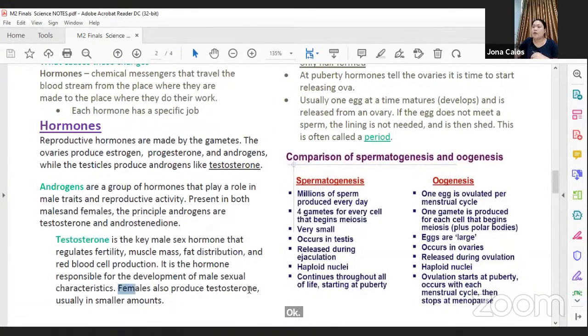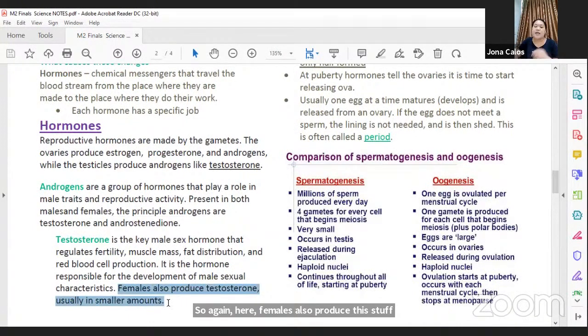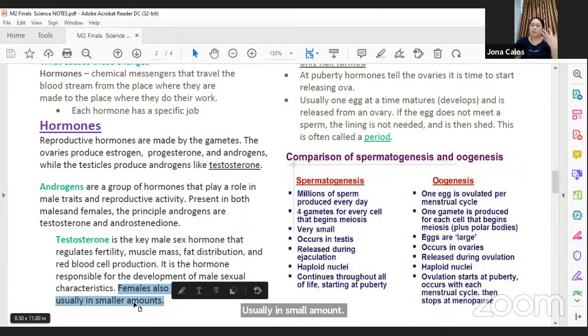Females also produce testosterone, usually in small amounts. If a female has more testosterone, she will have more male-like features, like a lot of facial hair, more body hair, a low voice, something like that.